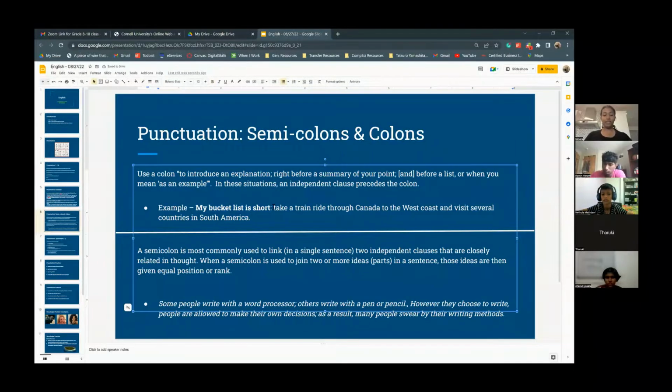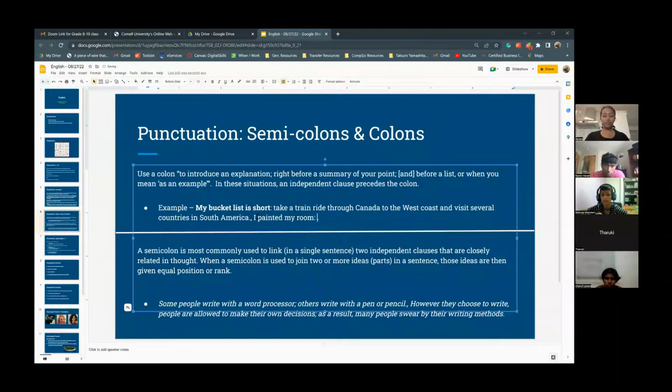And then we can introduce an explanation, which is what we did here, or a summary of your point, and before a list. So another example of this would be, I painted my room would be its own independent clause, right? So I'm going to use Asari's example from earlier.